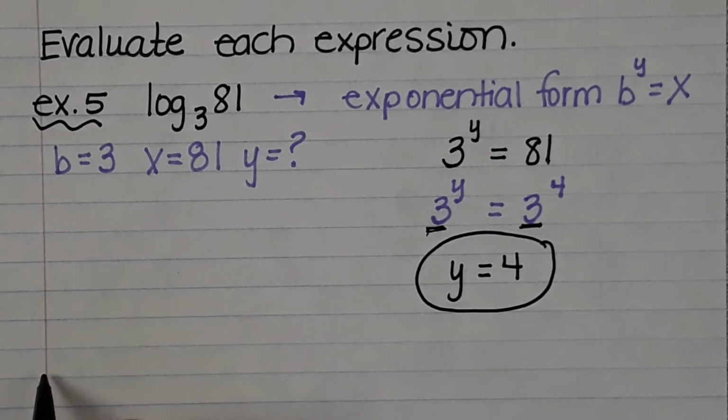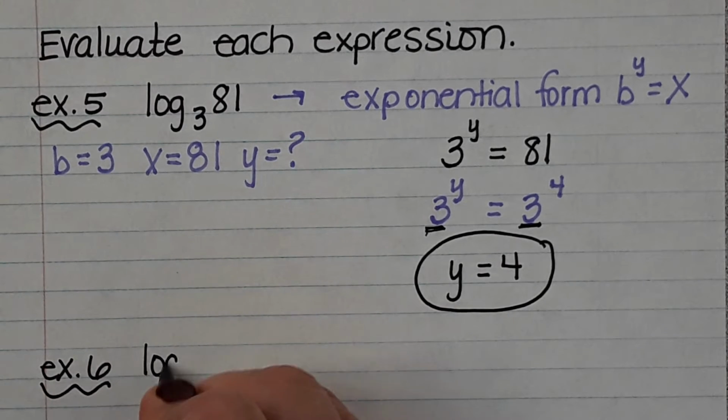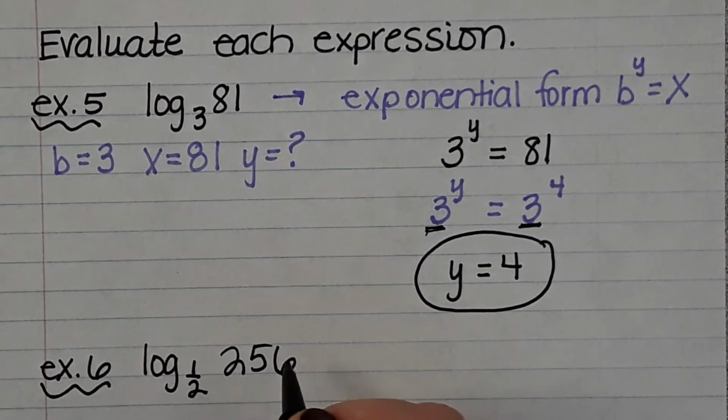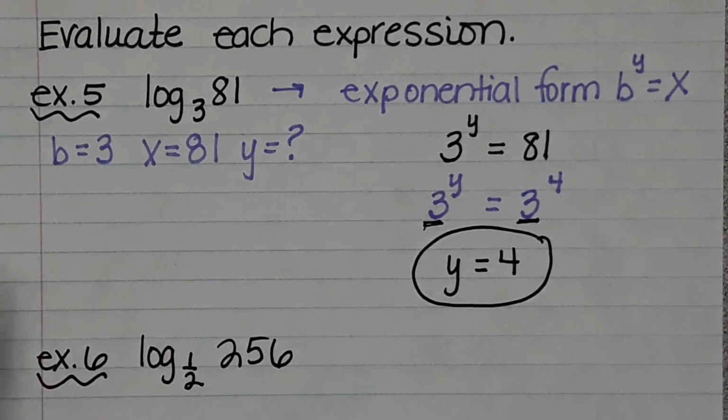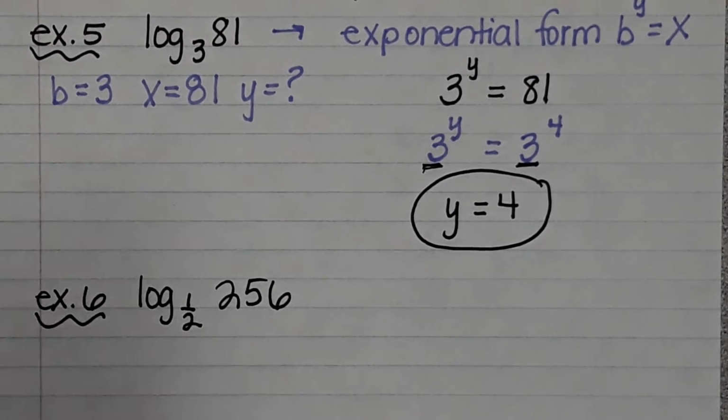Okay, example 6. Okay, so these are still evaluating. You can tell an evaluation because it's not going to have an equal sign.